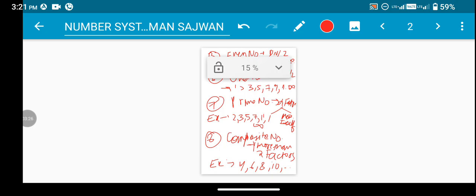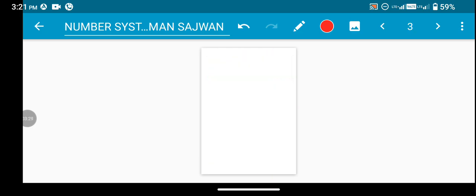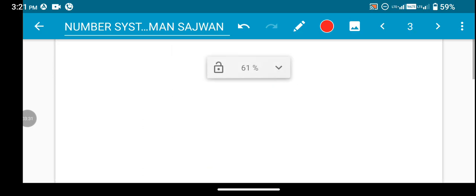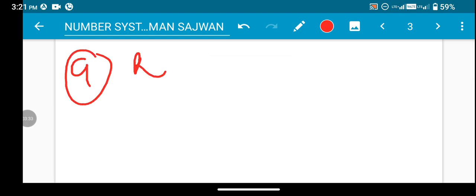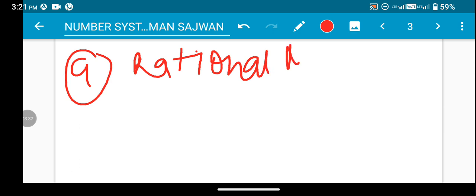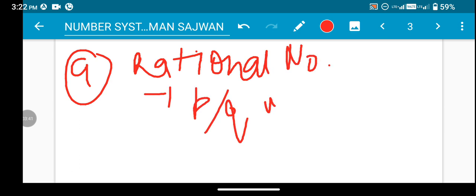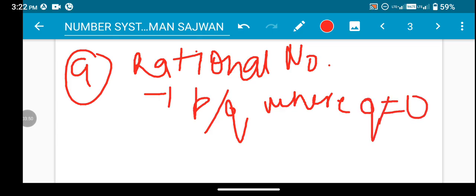Now we have to do rational numbers. A rational number is in the form of p by q, where q is not equal to 0.